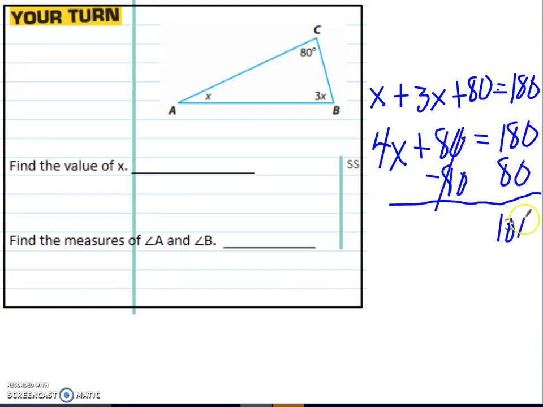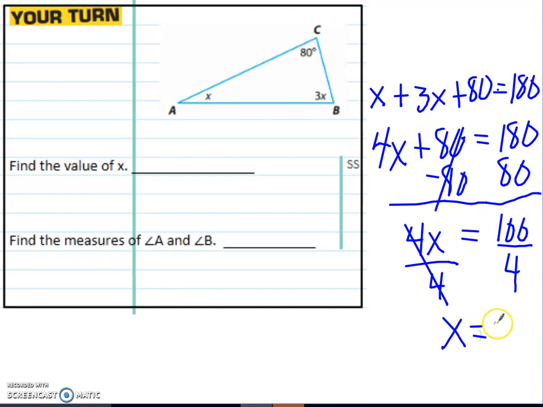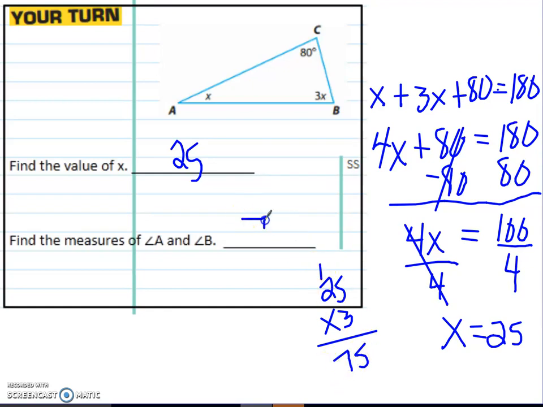We're going to get 100. We're going to divide both sides by 4. So we'll get x equals 25. Now that's the value of x. Now if B is 3x, so 25 times 3 is 75.